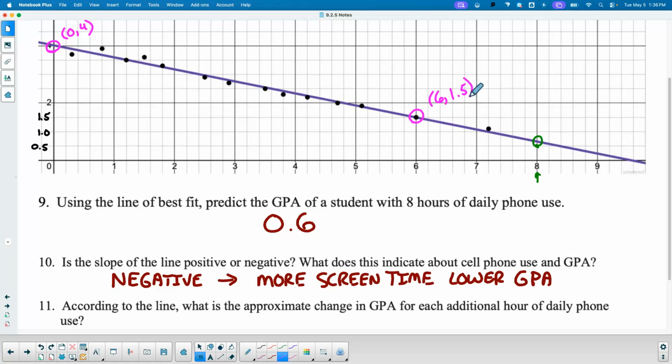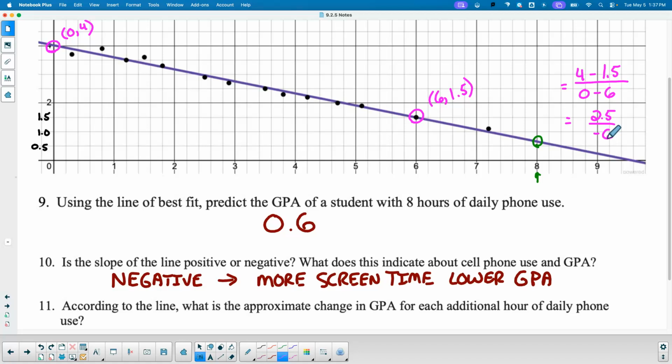Yes? Okay. So 4 minus 1.5 all over 0 minus 6. 2.5 over negative 6. Do I need to have it in fraction form, or can it be in decimal form? Decimal, yeah. Decimal, we don't give your GPA at like 98/7 or whatever, something like that. Okay, they give it like 3.274, right?